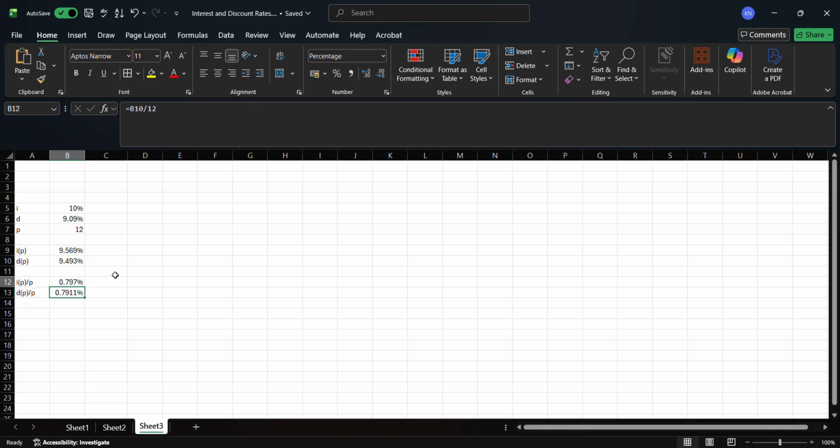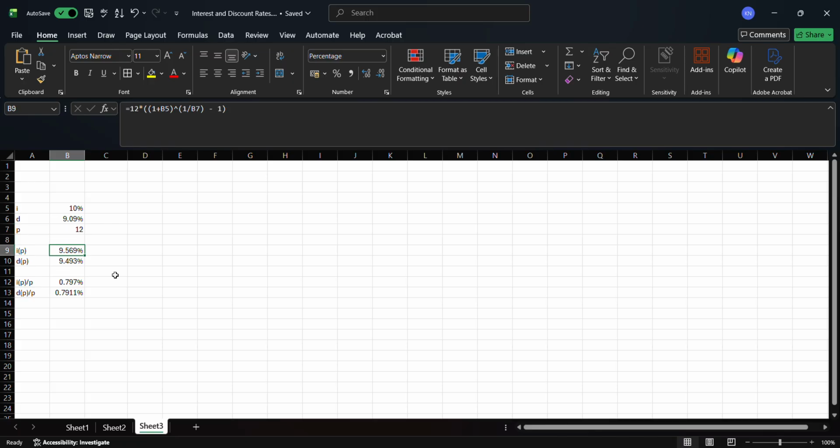So the effective monthly rate is the interest earned at the end of each month. The interest earned at the end of the year is 10%. The interest earned at the end of each month is 0.79%. And if we add all the effective interest earned in each month, we have 9.569.